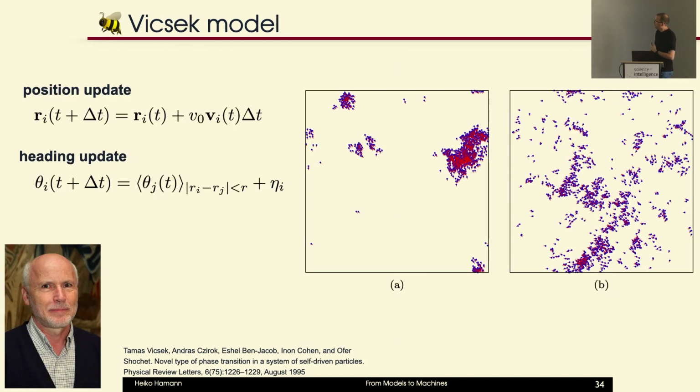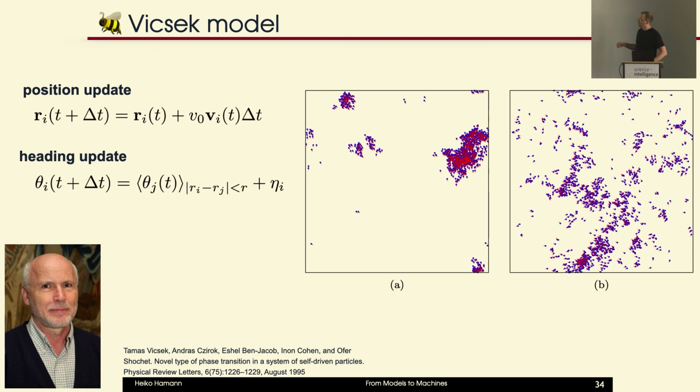Maybe one more. There's the Vicsek model. This is more from the physics side, but I think it still counts as a biological model. You see this position update, which is a bit boring because that's just using a velocity vector. And then the heading update has this fancy way from physics of how to put averages and so on.